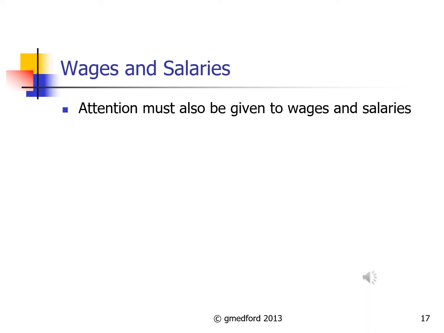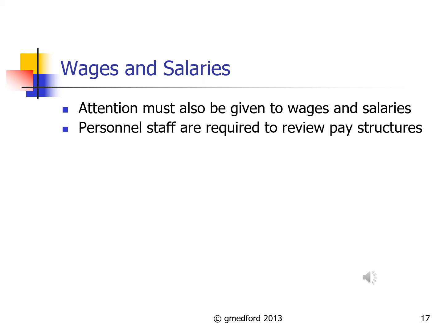The following slides contain additional information to assist you in understanding the role and function of the HR department. During the orientation session, the employee gets information about wages and salaries. The HR office is responsible for reviewing pay structures regularly to ensure that the organization is offering comparable remuneration and scales of pay.